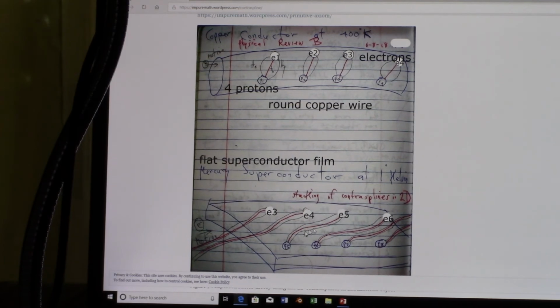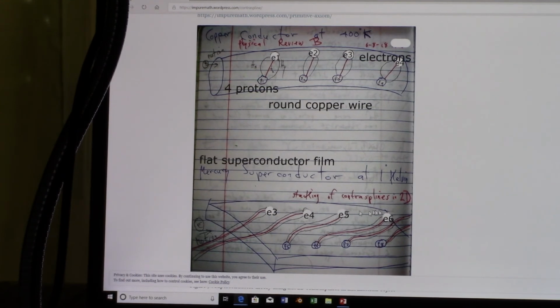Now, in the superconductor, it's different. The pairing is not changing per second. It's the same pair. So as electron E5 is flowing to the right, it's still connected to proton P5, even though it's closer to proton P7. So it has not formed a new pairing. So 0 new pairs were formed as this current is flowing to the right.